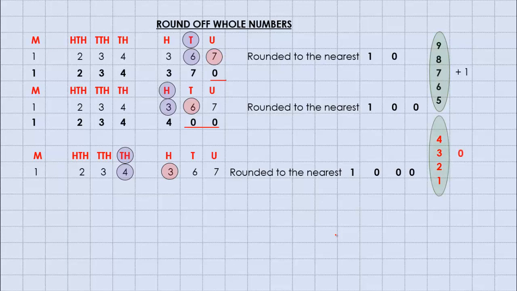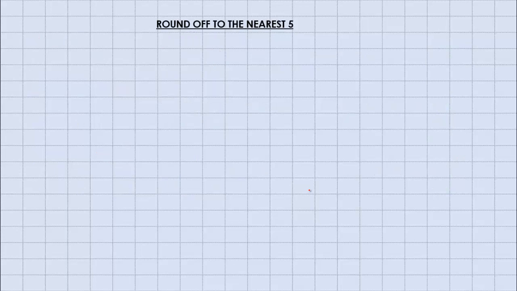If the number is below 5, we don't add anything. The number will just stay the same. Our 4 will just stay the same. So it will be just 1,234,000, and look what happens to the other 3 digits. They become zeros. So that's 1,234,000.